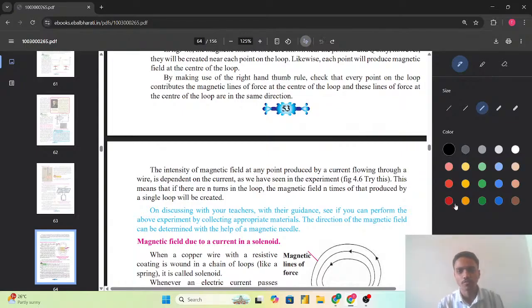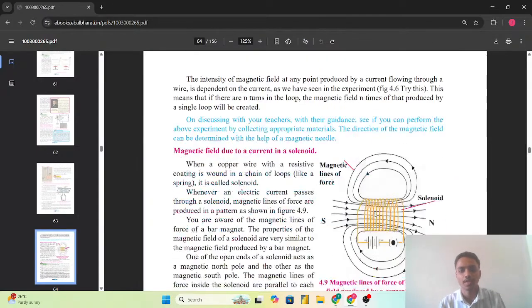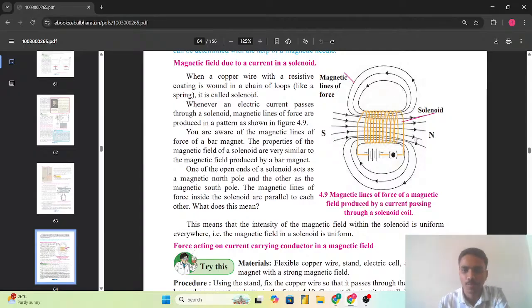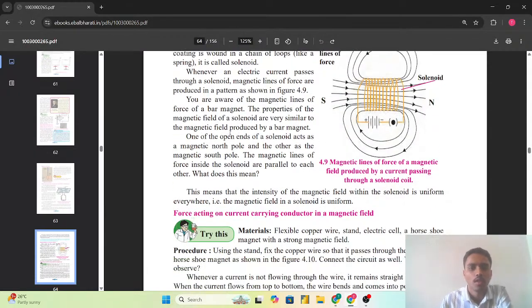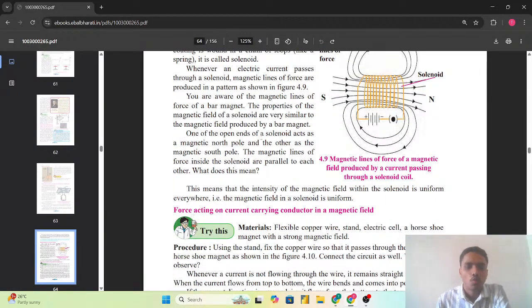Similar magnetic lines of force are also generated when a current passes through the solenoid coil. One of the open ends of the solenoid acts as a magnetic north pole and the other as the magnetic south pole. The magnetic lines of force inside the solenoid are parallel to each other. What does this mean?